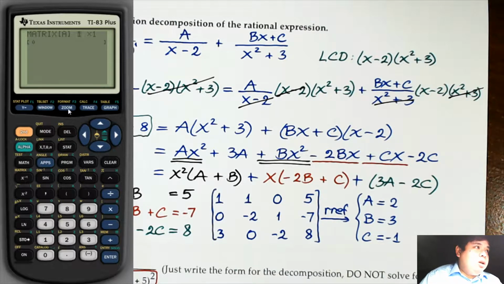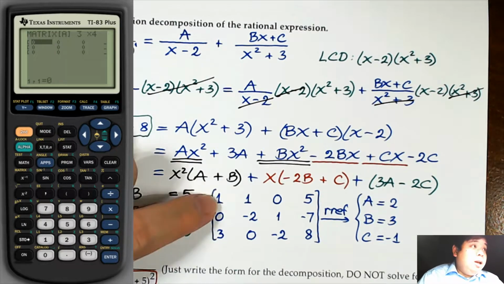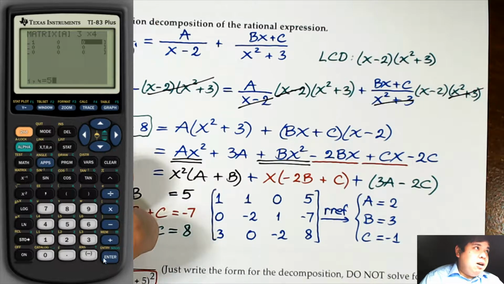Again, 3 rows. Let's just turn the contrast up. 3 rows, 4 columns. In this case, we use the Enter key. Right. 1, Enter, 1, Enter, 0, Enter, 5, 0.